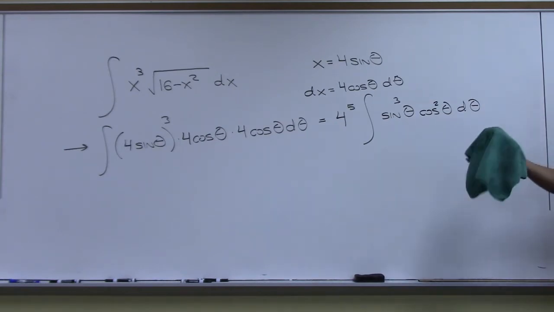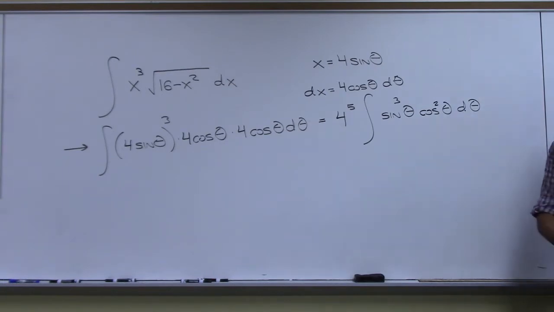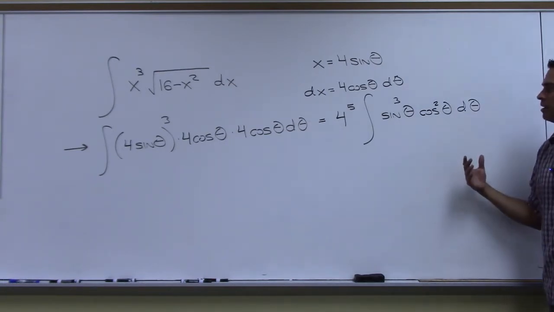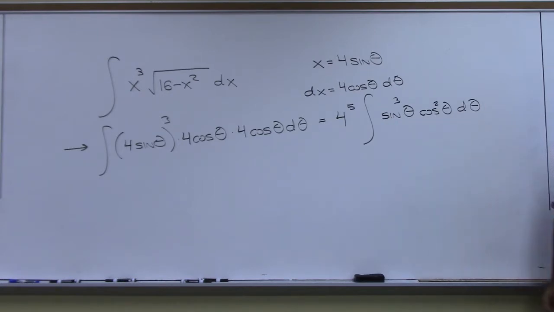And now, guess what? It's a trig integral now. So now you go back to the methods from the previous part of this section. You have sine and cosine mixed together, right? How do you deal with it when you have sine being odd and cosine being even? You're going to pull out a what? 1 factor of sine. I'm going to pull out 1 factor of sine now.